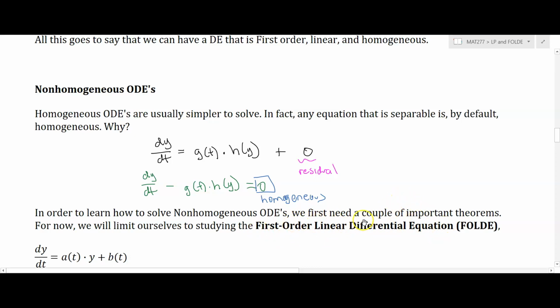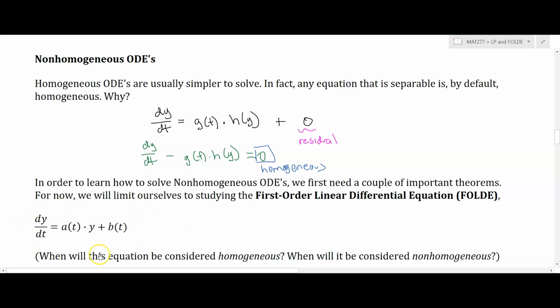Notice we haven't specified homogeneous versus non-homogeneous here. The reason is that, by default, we're going to study every equation that has this form: dy/dt equals a of t times y plus b of t.